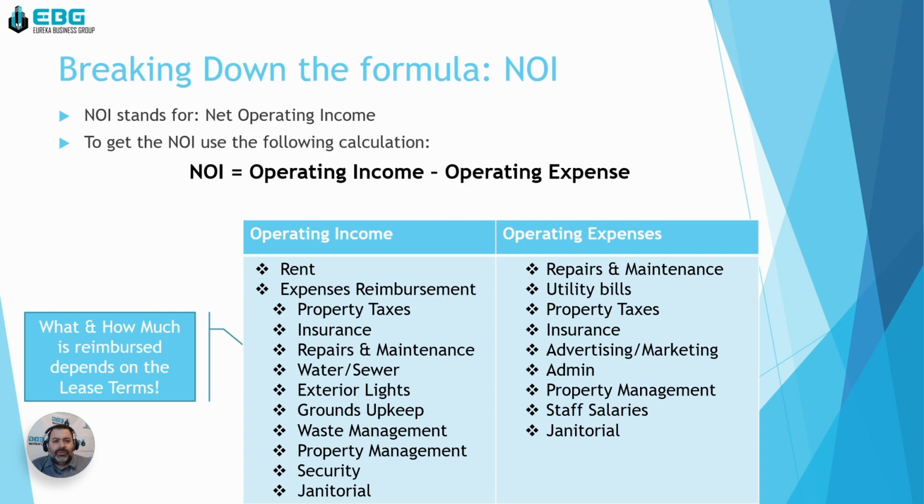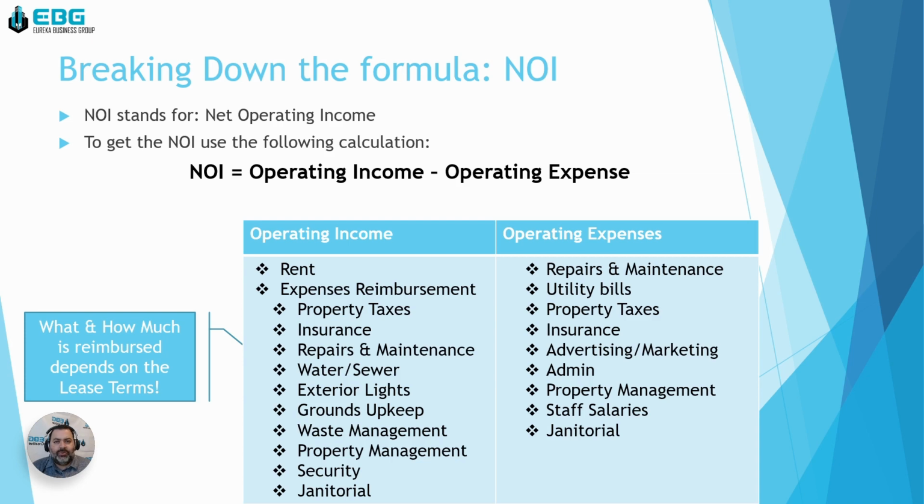Some properties can claim almost anything, or even everything, from property taxes, insurance, repairs, maintenance, utilities, security, and so on. So, and this is one of the most critical things in commercial properties, make sure you read the lease and know exactly what is the responsibility of the landlord and what is the responsibility of the tenant.